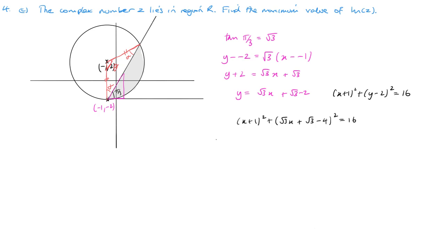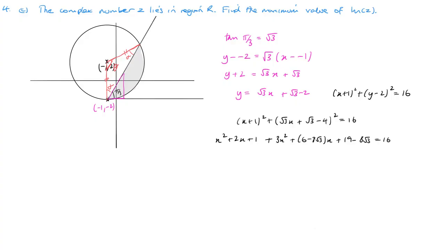Now expanding my brackets, I've got x squared plus 2x plus 1 from the first bracket expanded. Then root 3 times root 3, so that's going to give me 3x squared. And then I've got plus 6 minus 8 root 3x plus 19 minus 8 root 3 equals 16.